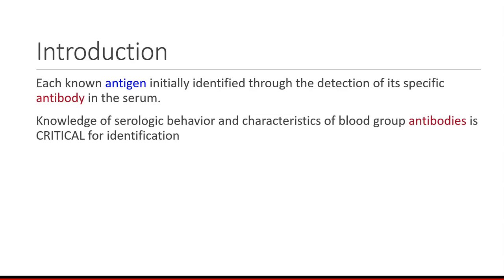Throughout this presentation, we're going to talk about these different systems, and at the end, I'm going to teach you a method to chunk all the material so that if you know what the antibody class is, then you know whether it's clinically significant, and whether it causes HDFN or acute hemolytic transfusion reactions.